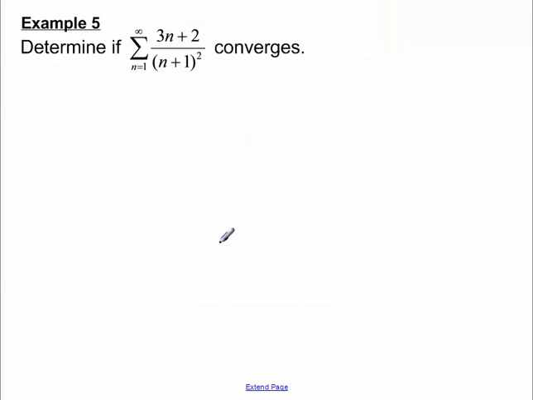So let's look at our first example. I want to change my pen color. Okay, determine if this converges. Let's use our limit comparison test. So this is a sub n. Again, let's simplify this formula. If we were to multiply the denominator out, the highest power in the denominator would be n squared.